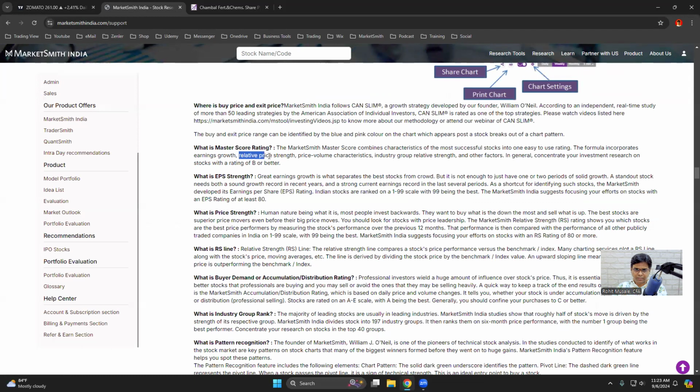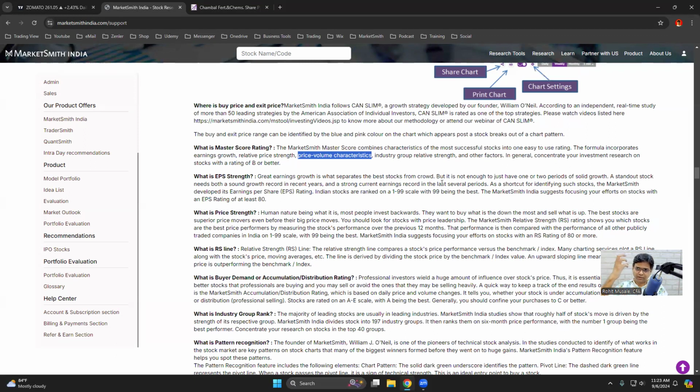Relative price strength means comparing the 52-week performance of this stock with all the other stocks in the Indian stock market. Price volume characteristics means when the price is going up on a particular day, is the volume high or not? Industry group relative strength means you look at the performance of every industry group and you take the top 20 percentile.